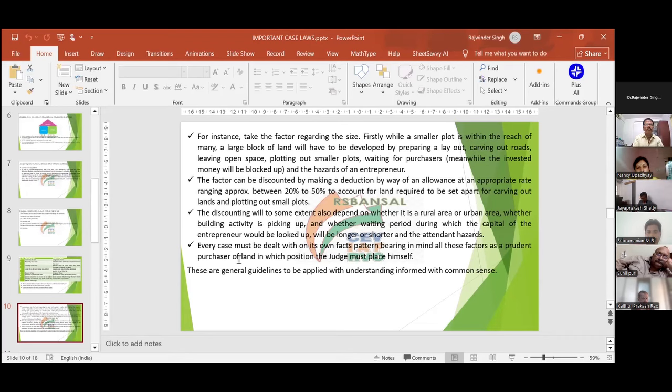In the development method of valuation, a large chunk of land will be divided into smaller plots. Then you will deduct the area for roads and other amenities. Then you will deduct the cost of constructing roads and other amenities. And then you will decide the per unit price of the smaller plot.